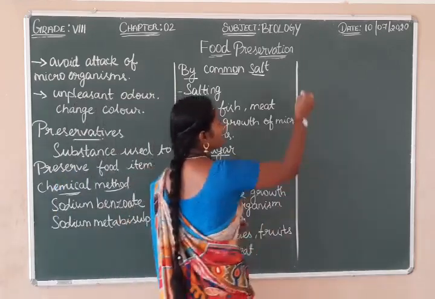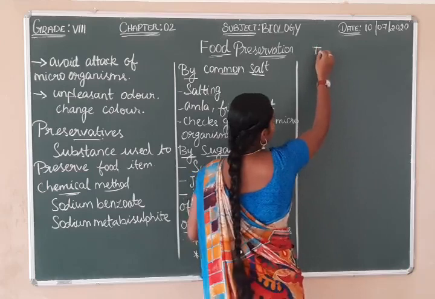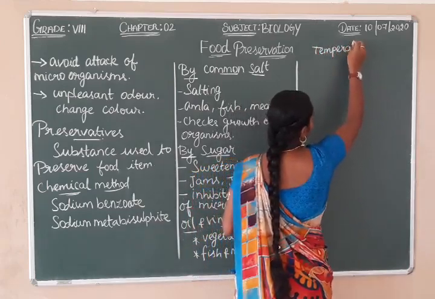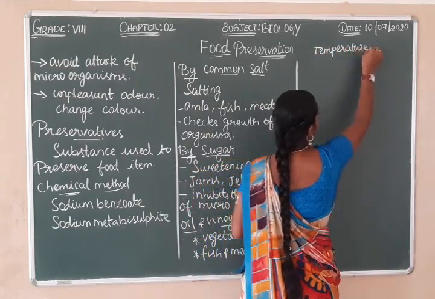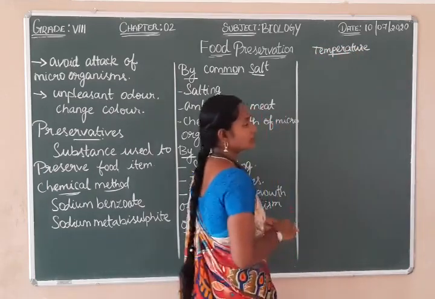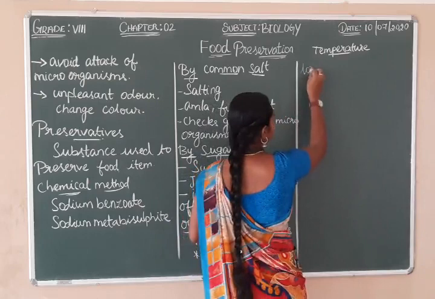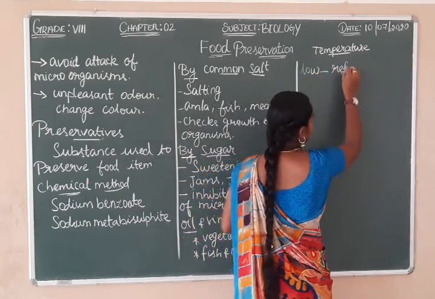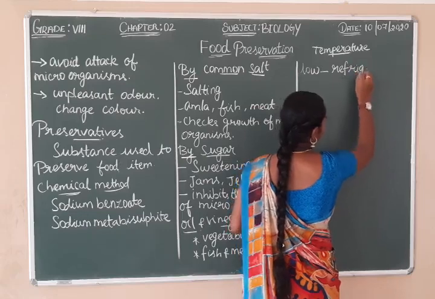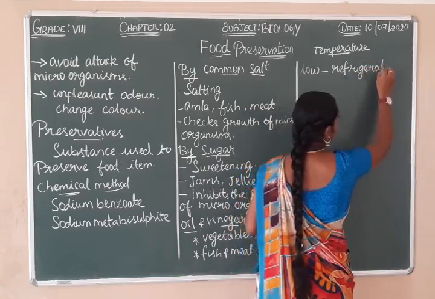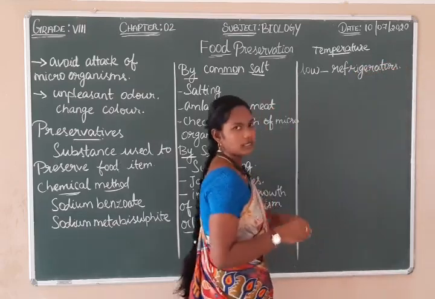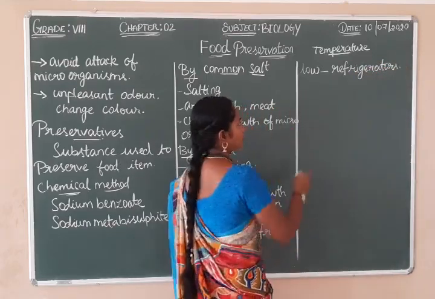And next, temperature. Temperature also plays a major role here. By cooling, that is at low temperature, we use refrigerators, right? In our home, we preserve food in the refrigerator at chill condition, that is the lower temperature.